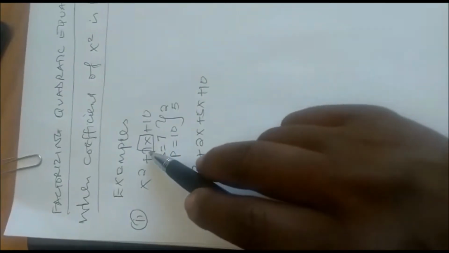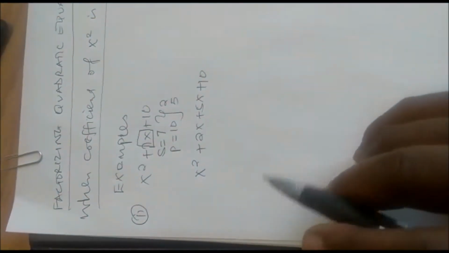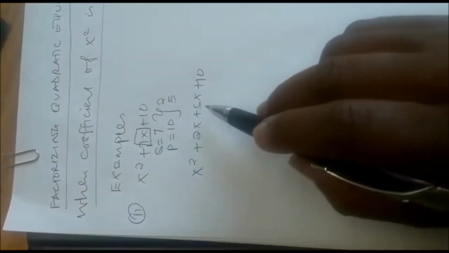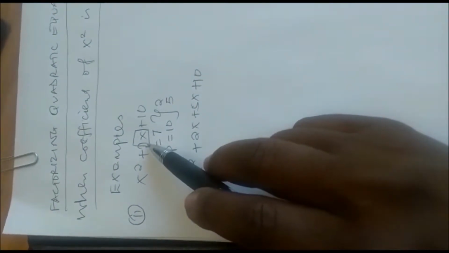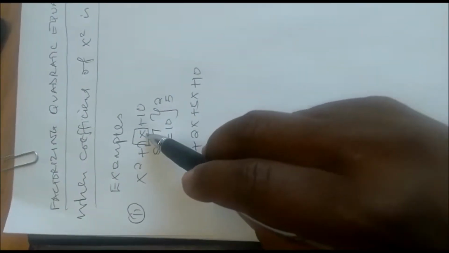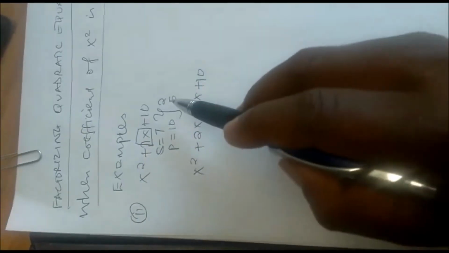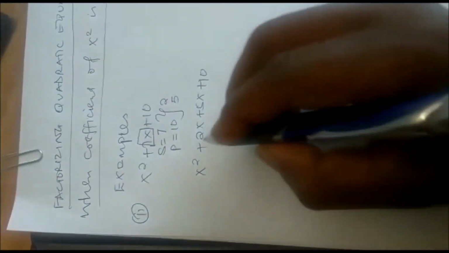You realize that we no longer have the 7x, meaning that the 7x has been replaced by 2 and 5. Because this middle value has the variable x, it is the x we add on to 2 and 5.